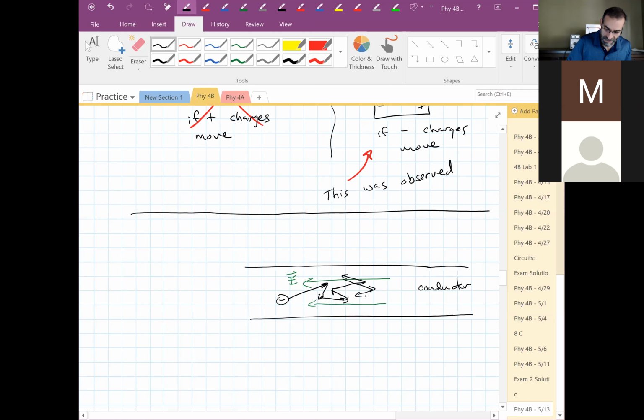And it has this chaotic motion. But overall, the average motion is opposite the electric field.